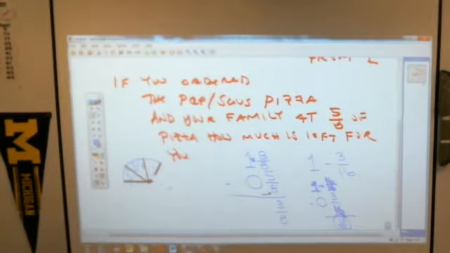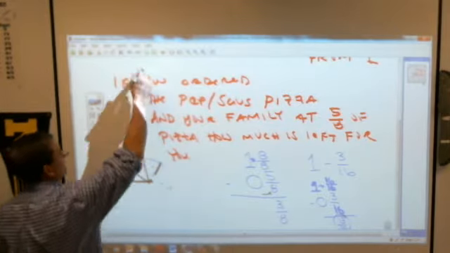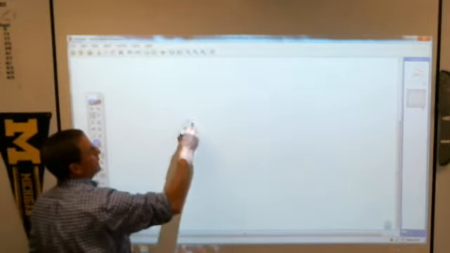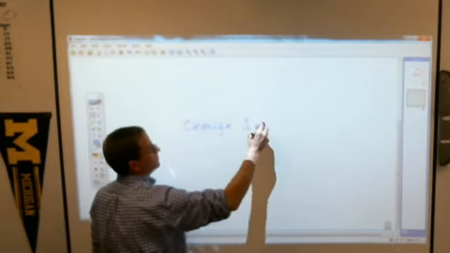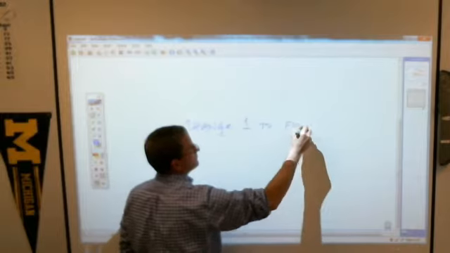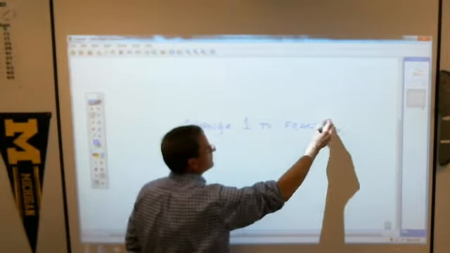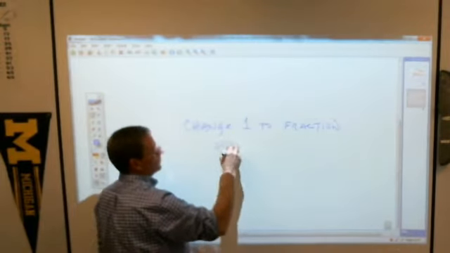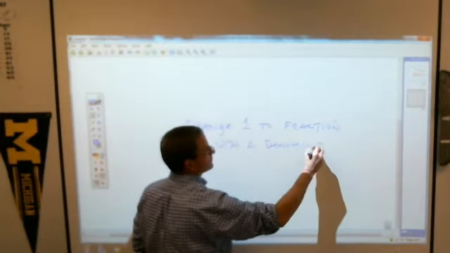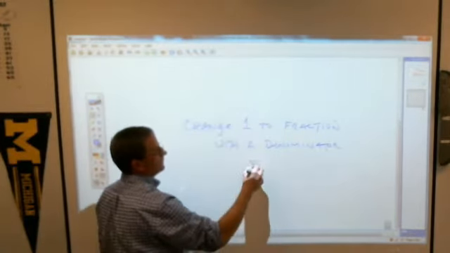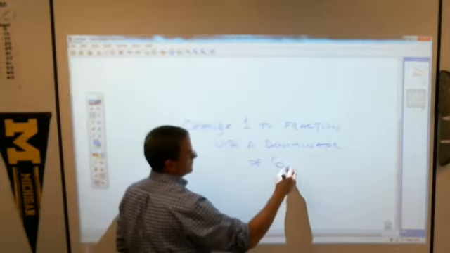And the book will even ask you some questions like this. Let me make sure they don't go any harder than this, and I don't think they do. The book will say: change 1 to a fraction with a denominator of 6.